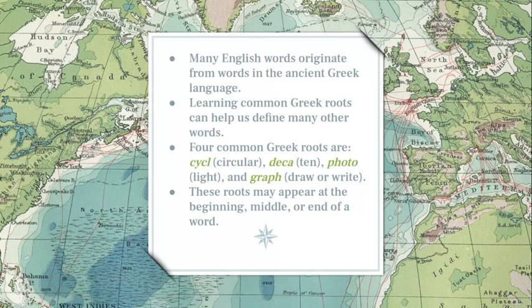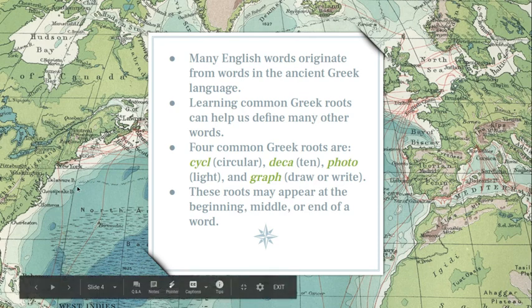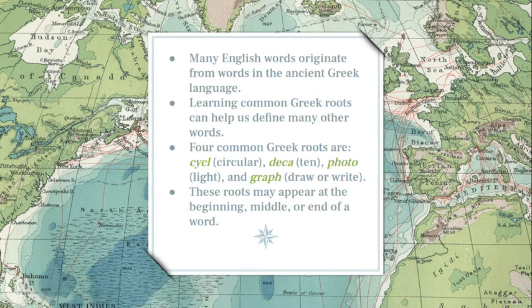Many English words originate from words in the ancient Greek language. Learning common Greek roots can help us define many other words. Four common Greek roots are cycle, meaning circular, deca, meaning 10, photo, meaning light, and graph, meaning draw or write.